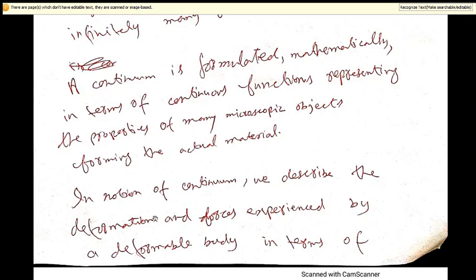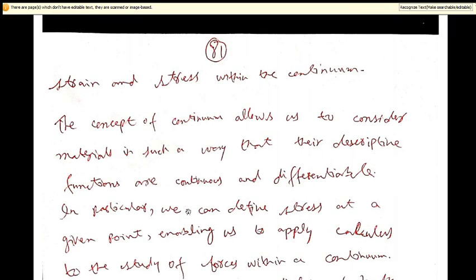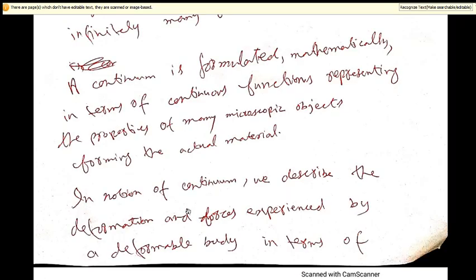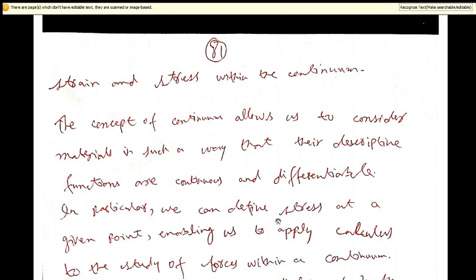Deformation is only possible for an elastic body. When you deform an elastic body, that deformation will be dealt with in terms of the strain tensor, and the forces experienced by that deformable body will be dealt with in terms of stress within that continuum.